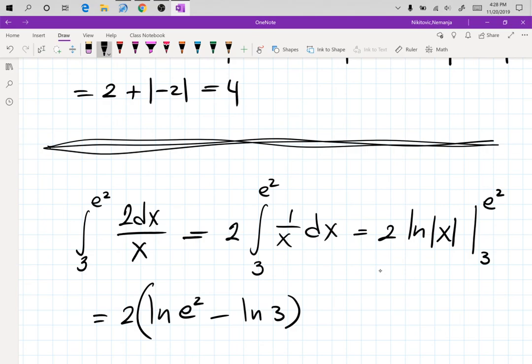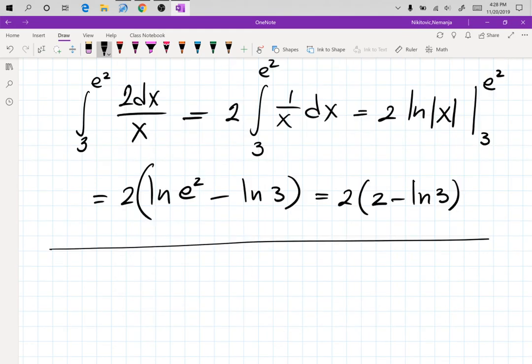That's 2 times, when ln and e cancel, you just have a 2 minus ln 3. And that's it. That's the exact answer, right? You can go get decimals. No one cares about them, but you can.